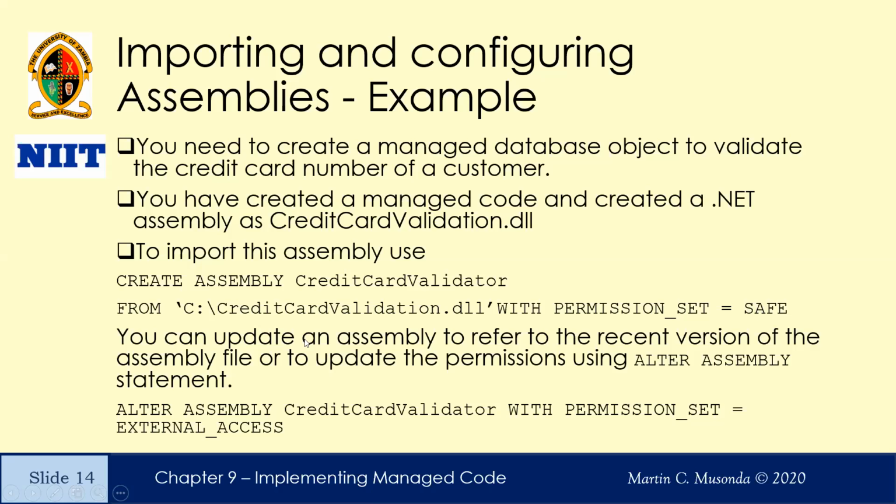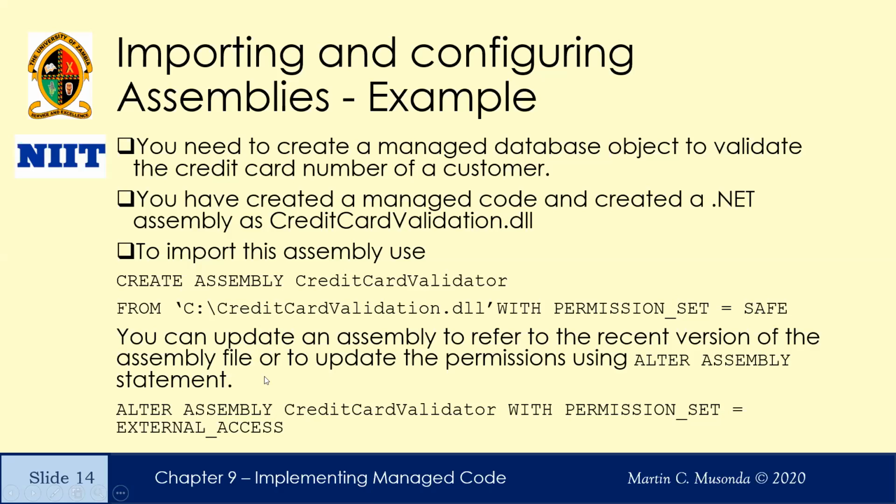You can update an assembly to refer to the recent version of the assembly file or to update the permissions using the alter assembly statement. And that statement has this syntax: alter assembly credit card validator with permission set equals external access.